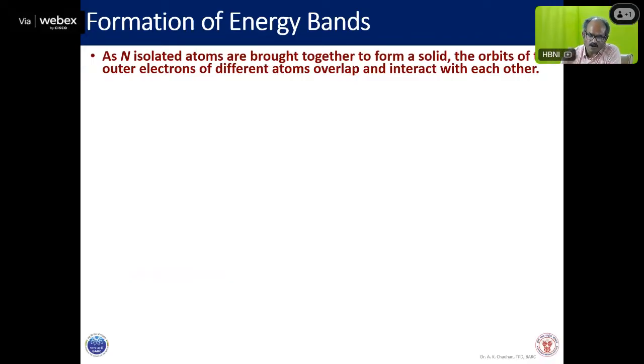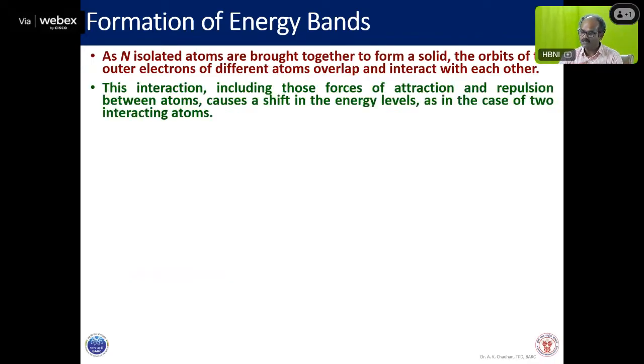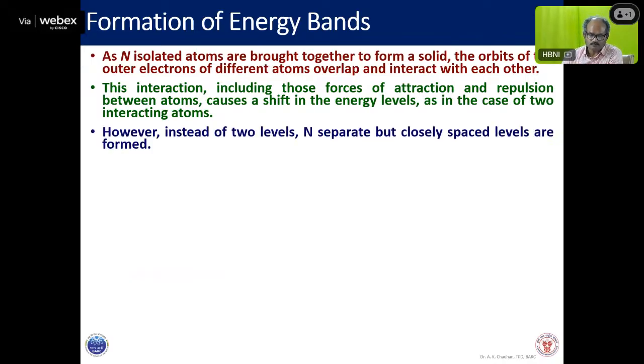The orbits of outer electrons of different atoms overlap and interact with each other, as in the previous slide where I tried to explain with the hydrogen atom. This interaction, including the forces of attraction and repulsion between atoms, their nuclei, and different electrons, amounts to causing a shift in the energy levels.